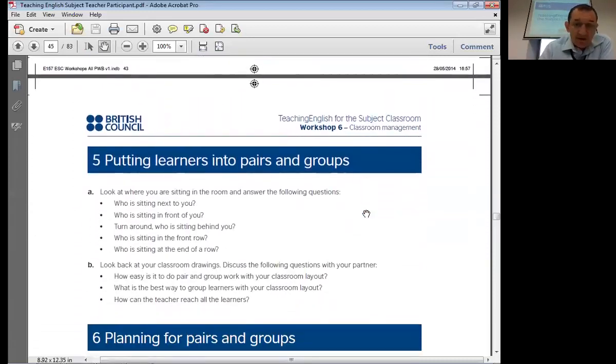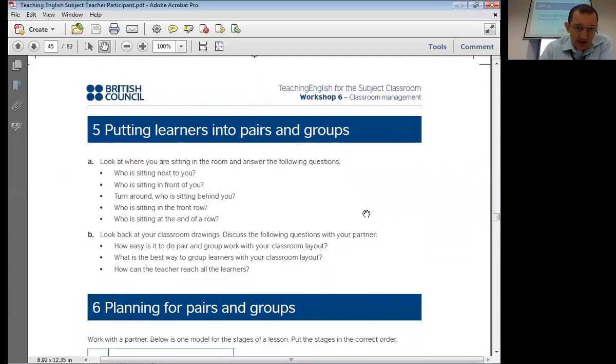The next stage, 20 minutes for this, is about putting learners into pairs and groups. So the trainer's manual suggests that you play a game. Everybody stands up, they walk around, and you shout out instructions. Get into groups of 3, for example, and they should very quickly get into groups of 3. Get into pairs.